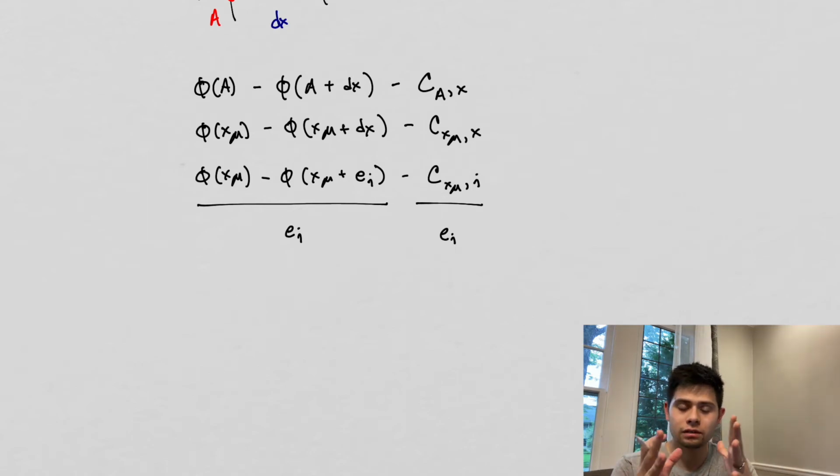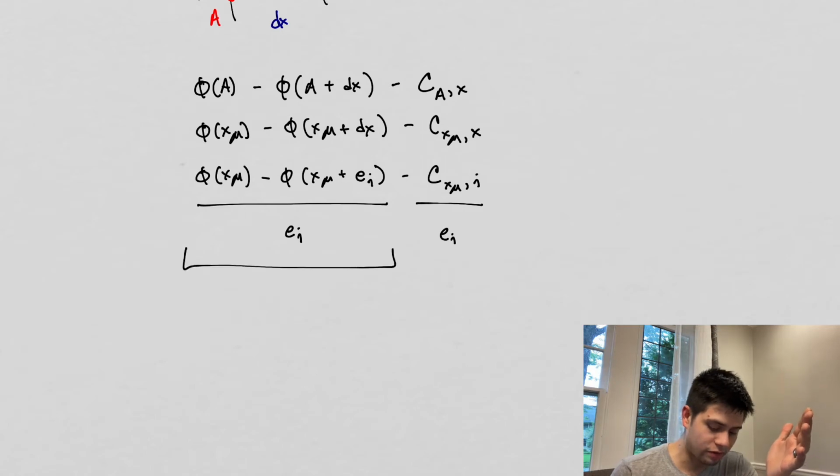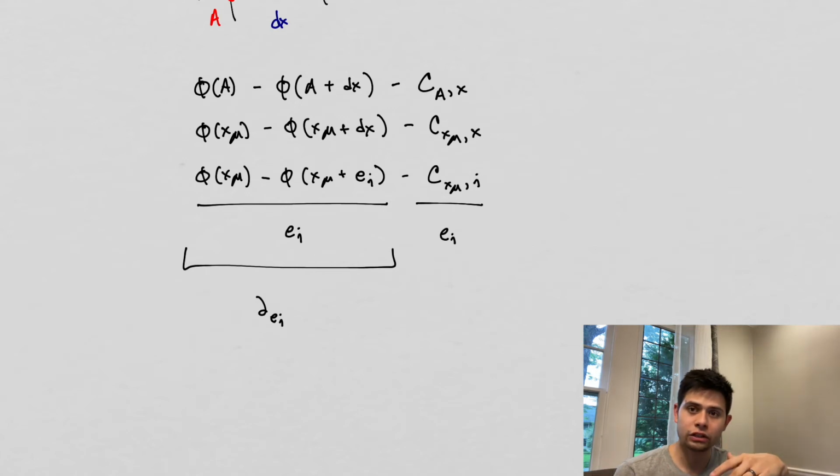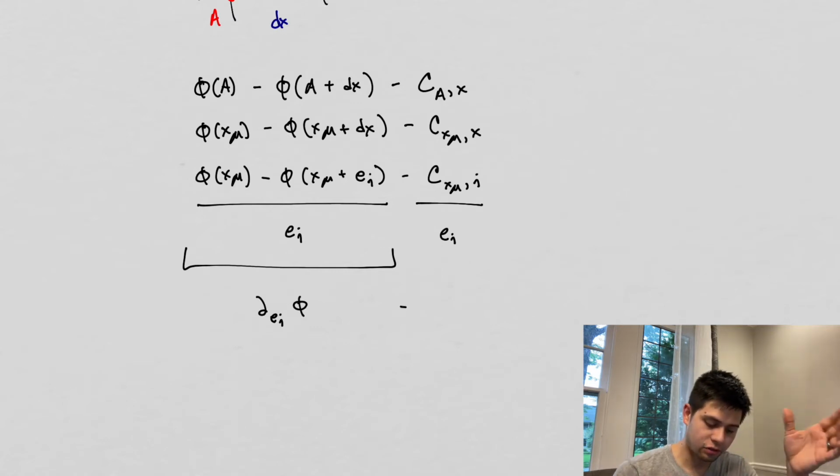Well, we're getting to something that looks like a derivative right here. So this would be the partial derivative as you go along the e i direction, okay, of phi, right? So of phi. And this extra term here would be C.